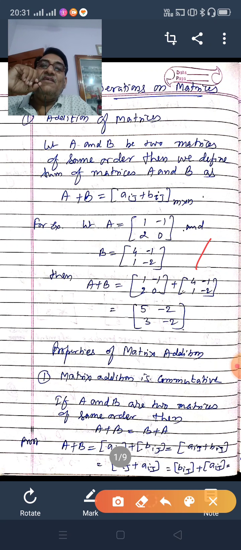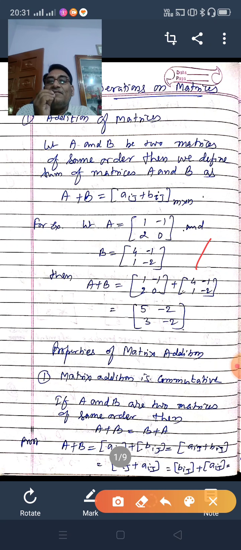Then A plus B is [1 -1; 2 0] plus [4 -1; 1 -2], and we add corresponding elements. So the answer is 1 plus 4, that is 5, minus 1 minus 1 is minus 2, 3, and minus 2. This is the addition of matrices.